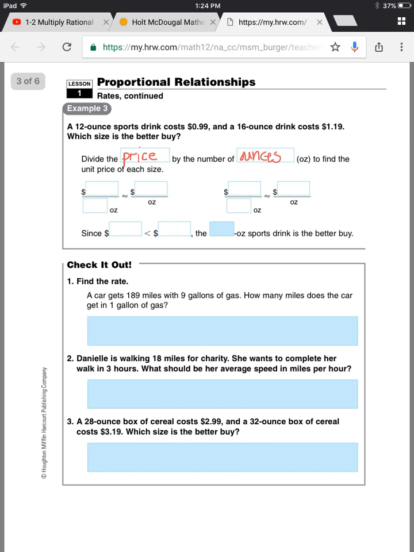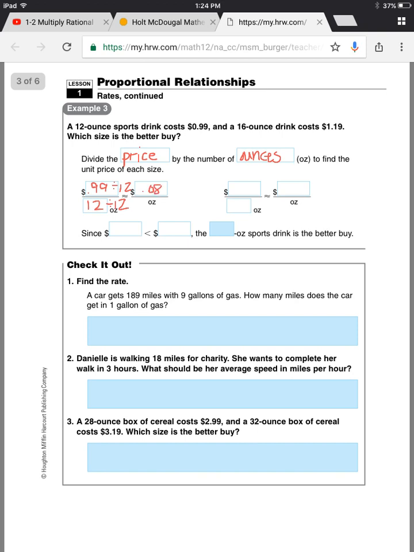For the first sports bottle, we have 99 cents, don't forget our decimal, over 12 ounces. The reason ounces goes on the bottom is because we want to know the price per 1 ounce. We want to know the unit rate. So we're going to divide both by the denominator of 12, because we want the denominator to be 1. 99 cents divided by 12 is around 0.08.